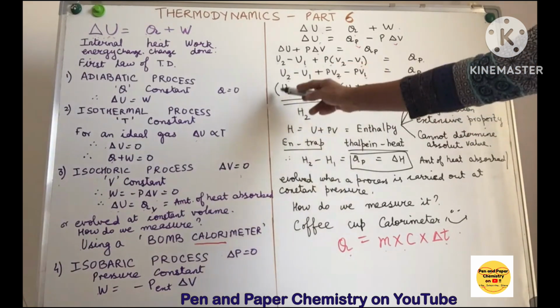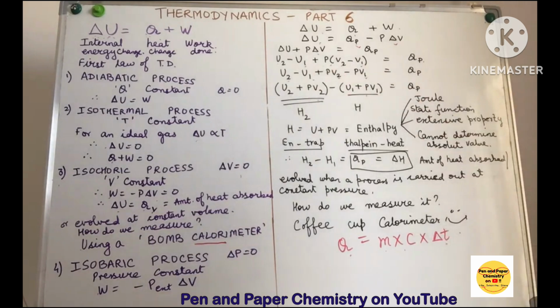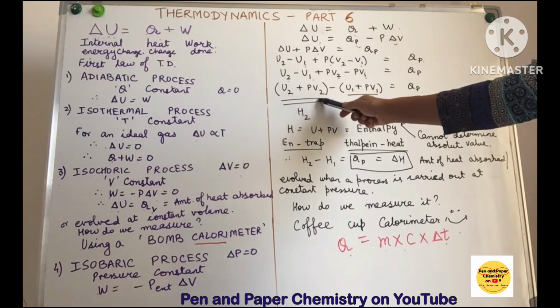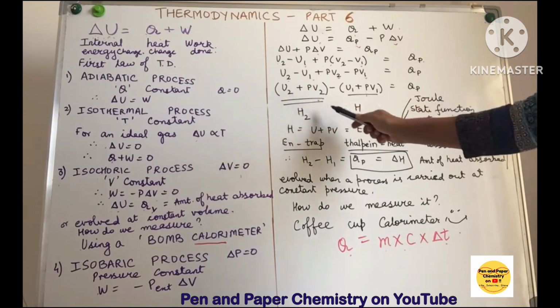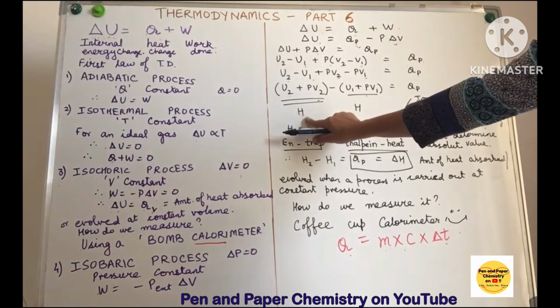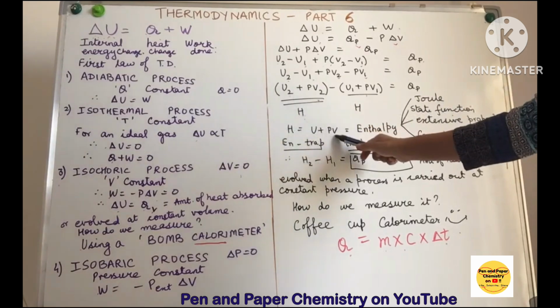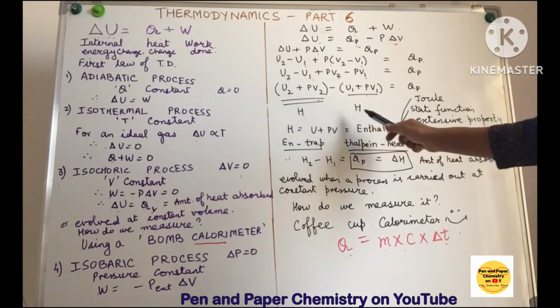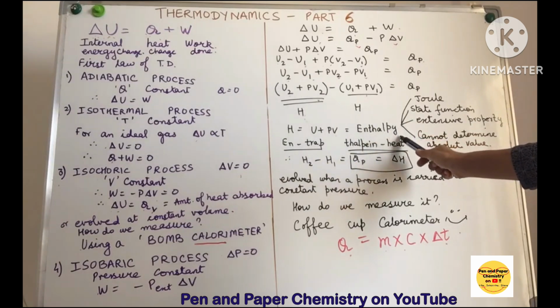Now, internal energy is again a state function, but just now we said we cannot determine the absolute value of internal energy. We have another state function over here, which is represented by H. So, U plus PV is another thermodynamic quantity known as enthalpy.